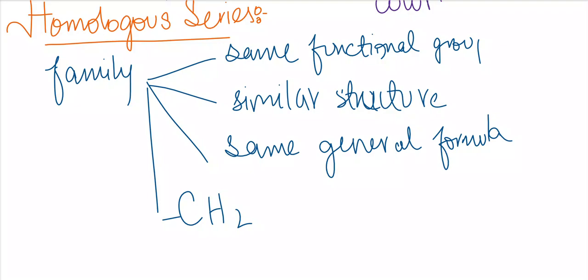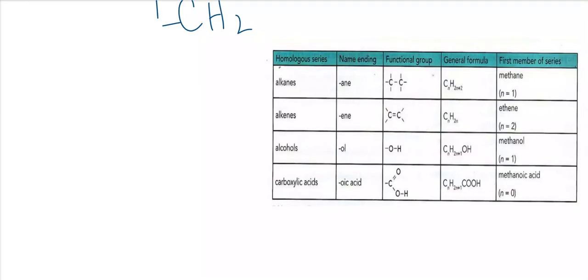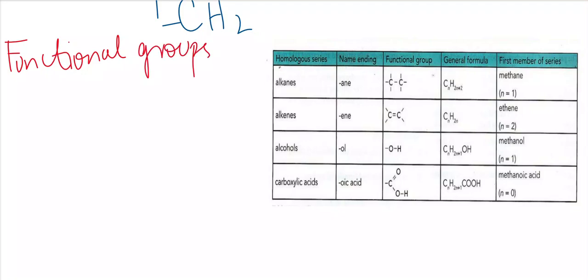So we'll talk here about the functional group also. You can see in this table we have different homologous series, and first I will tell you about the functional group. You should know this word, functional group, and then we will discuss the homologous series. The functional group is the atom or group of atoms responsible for the reactions of a compound, and it gives the series its particular properties.